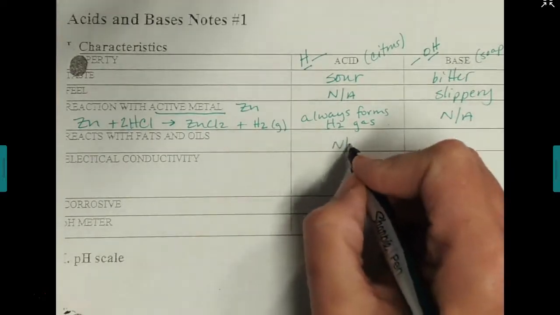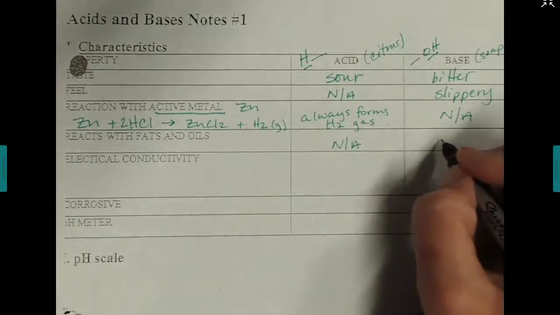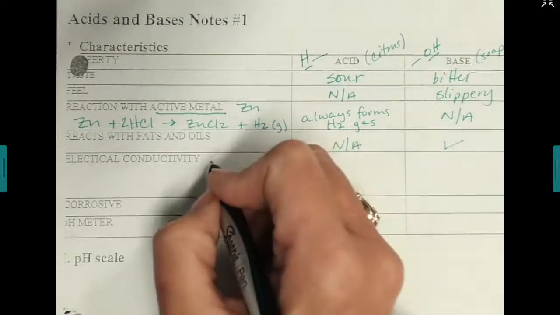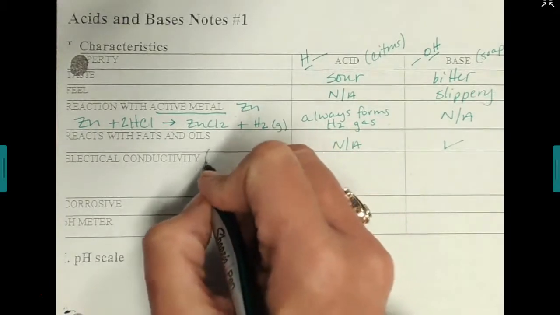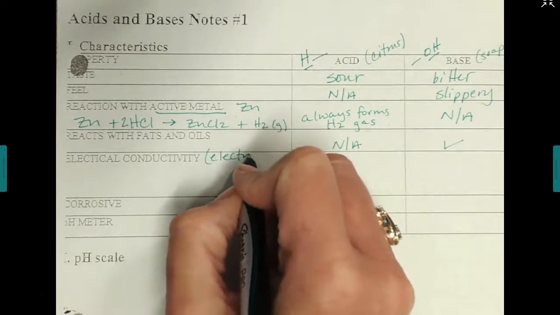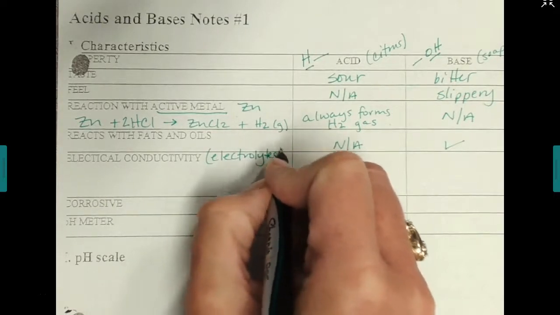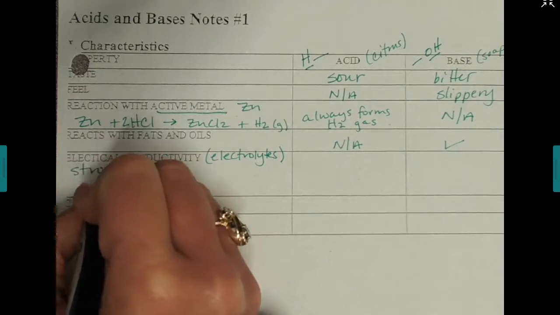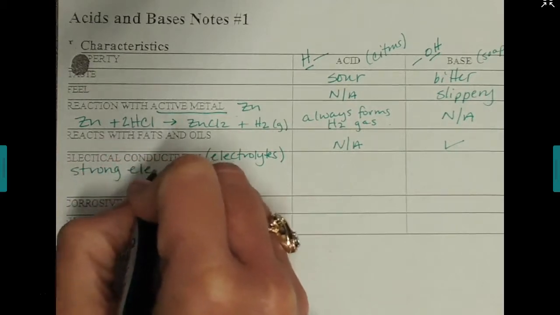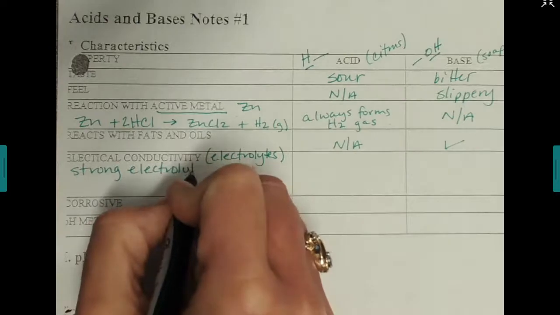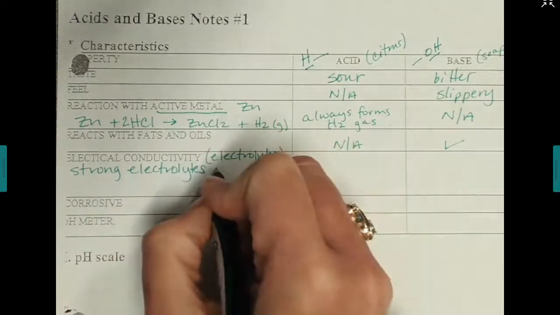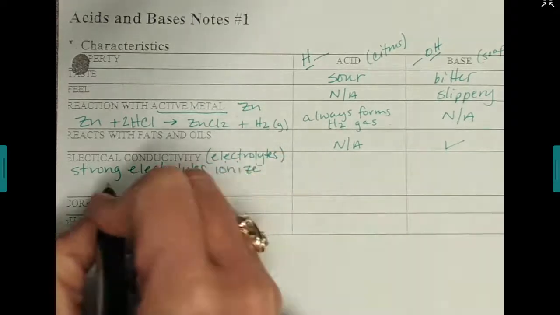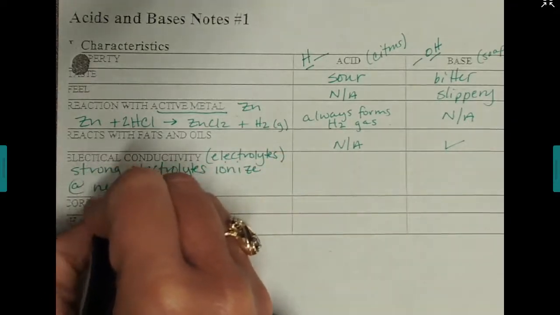Acids don't really react with fats and oils, whereas a base does. Conducting electricity or forming electrolytes. Remember, we just got through learning about that. Strong electrolytes will ionize or dissociate into their ions at nearly 100%.